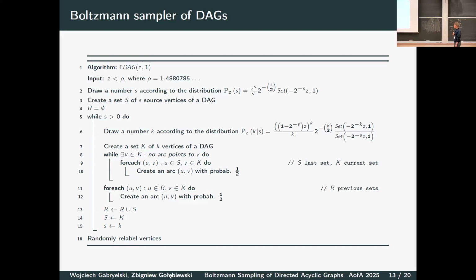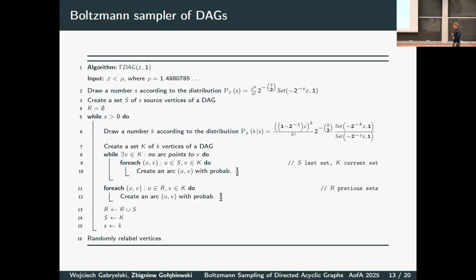We create those vertices, and then we create the next sets of vertices with the next probability distribution that we were able to calculate.